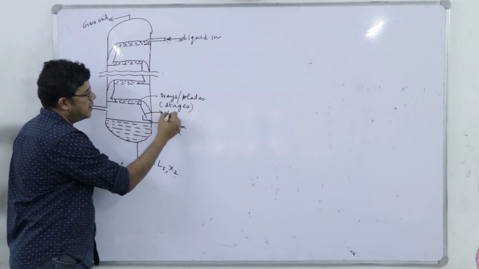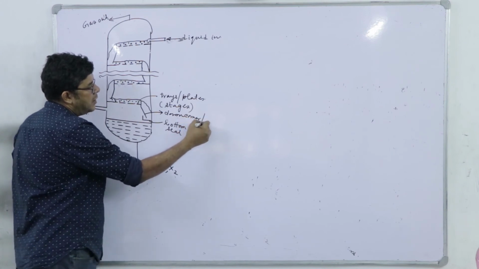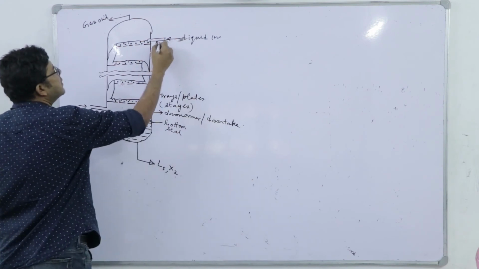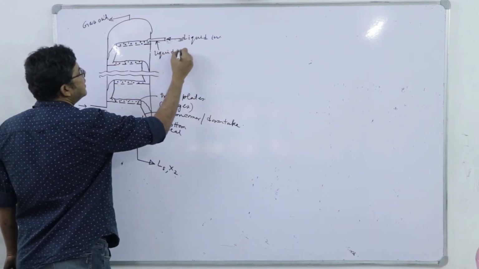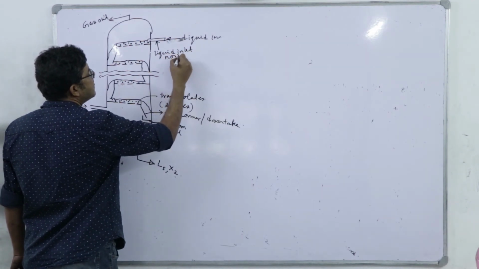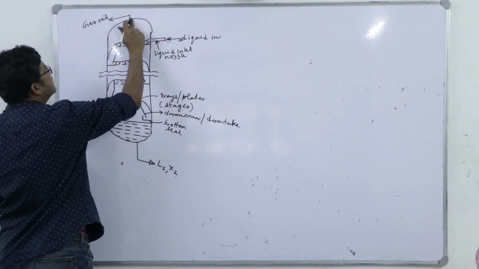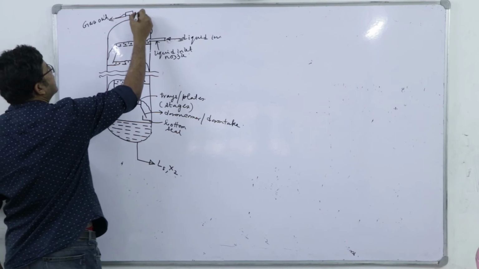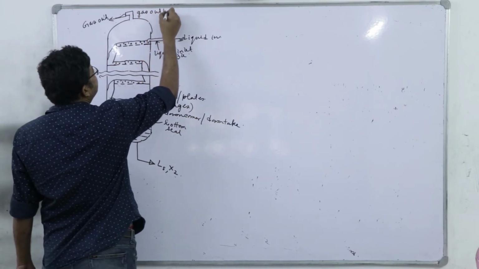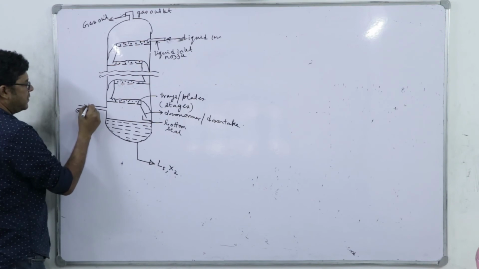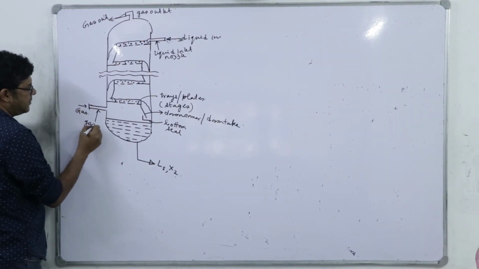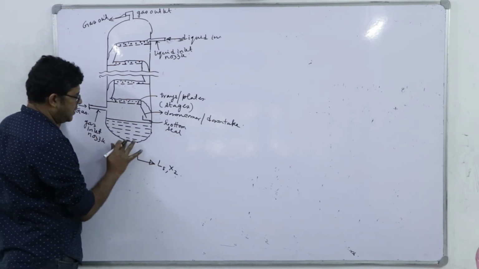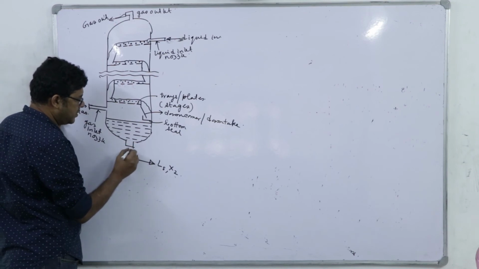So this is the downcomer or downtake. Liquid inlet nozzle, and this is the gas outlet, and this is the gas inlet nozzle, and from here we will have the liquid outlet nozzle.